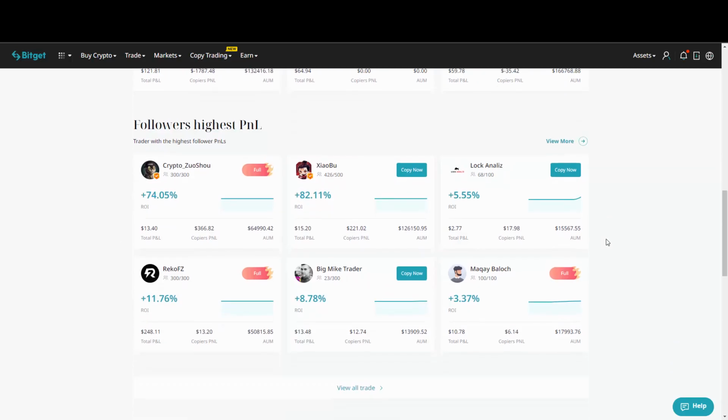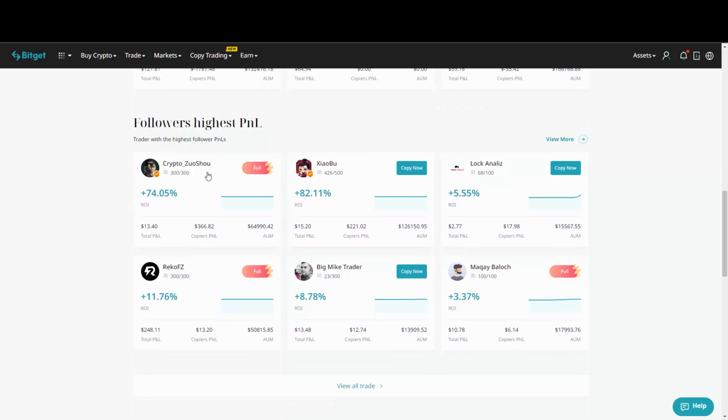Also, we can see which are the most popular. So you're going to see followers, highest profit and losses. We have this person, the return of investment is 74%. This one is 82. So you're going to have the opportunity to check. These are the top performance.